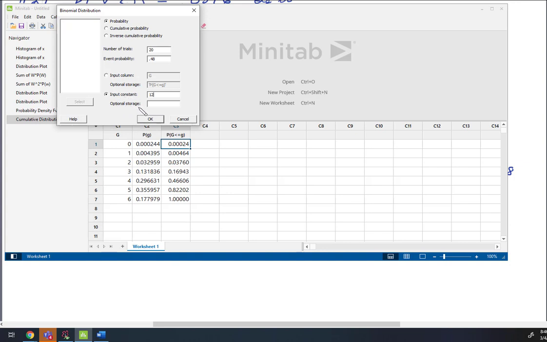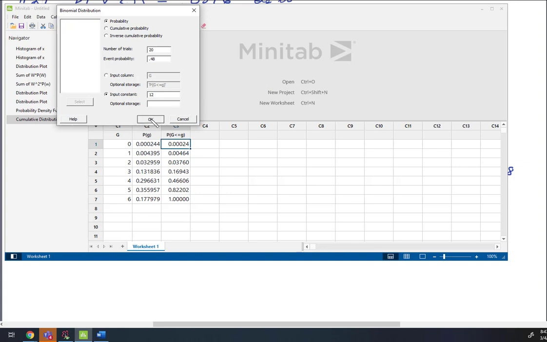Now I could store that somewhere if I wanted to, like I could store it in C4 or C5 or C6, but if I don't pick storage, it's going to give me the result up here in my operations part of the screen.